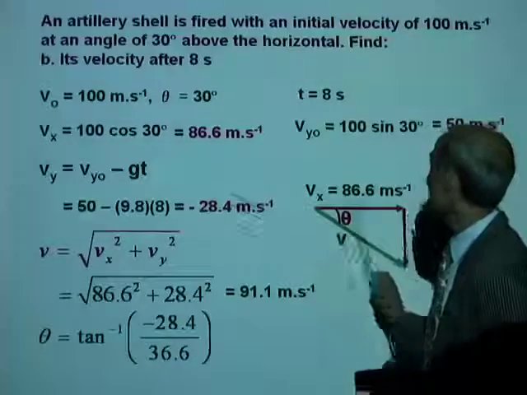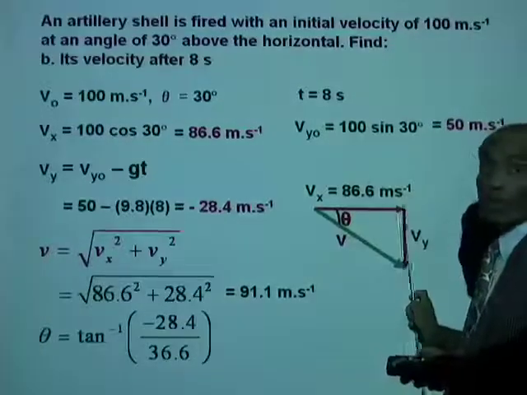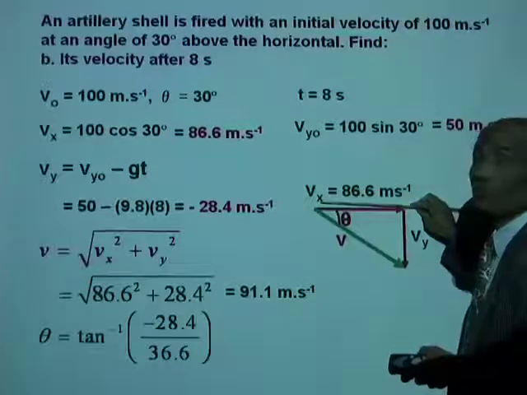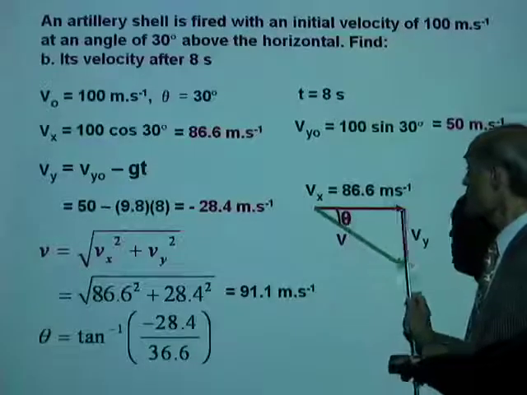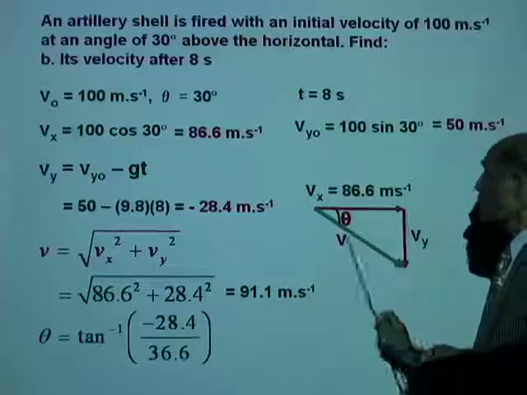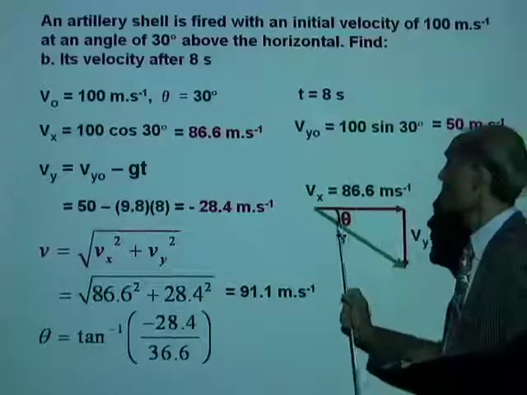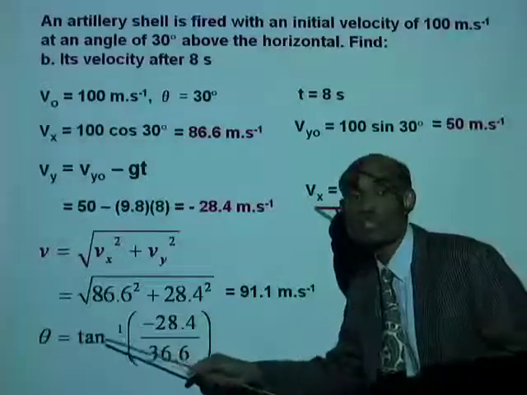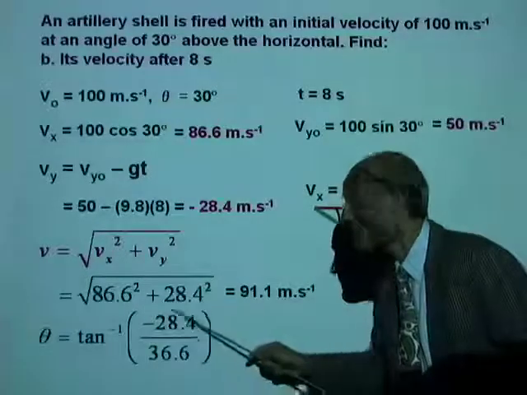No, it will be negative 28.4 divided by 86.6. Is that right? Tan theta is negative 28.4 divided by 86.6. And therefore theta is equal to tan inverse of that quantity.